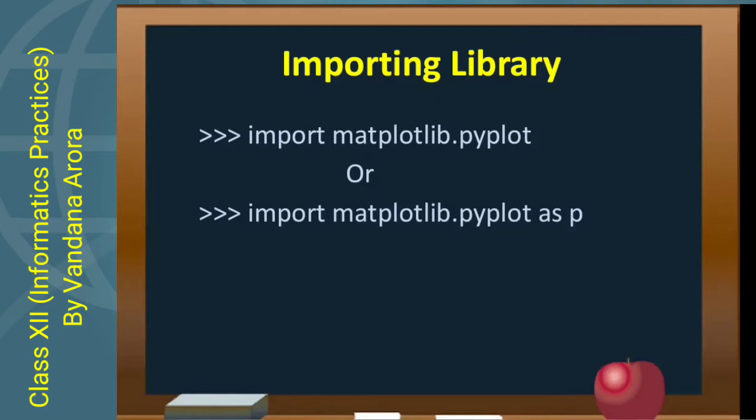It becomes a short name for this library. Otherwise, if you don't select any alias, any alternative name, then you have to write the complete matplotlib.pyplot in front of every method, and this will reduce the amount of typing if you keep a short name like p, which I have chosen in my code.